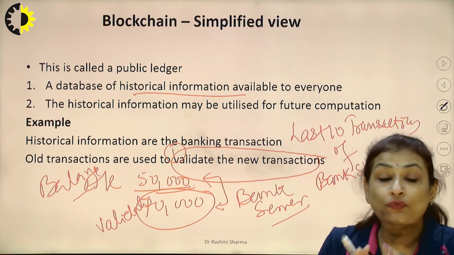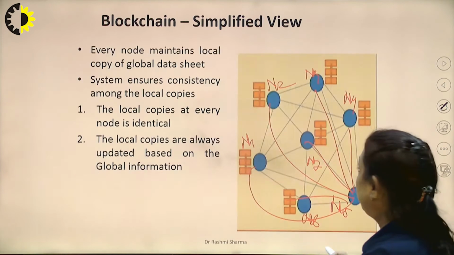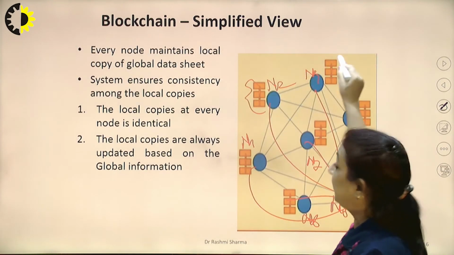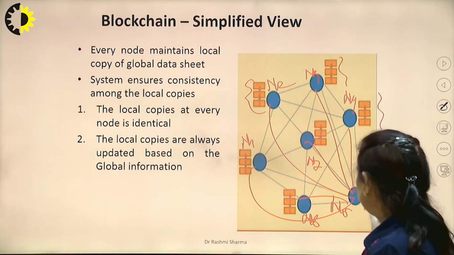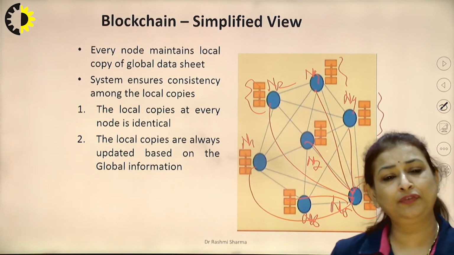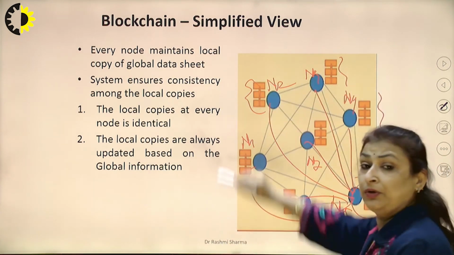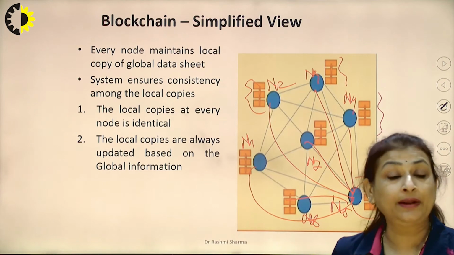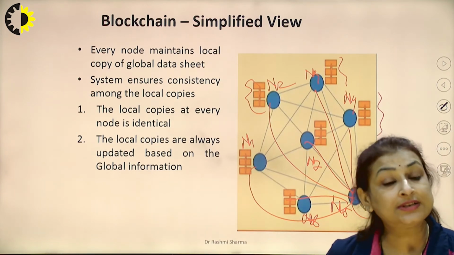But I don't want this in terms of the blockchain. We want each and every node to keep that history. If N5 is doing an invalid transaction, that it has only 50,000 in the account and is transferring 70,000, any one of the other users, anyone except N5, would let them know that this transaction is invalid.